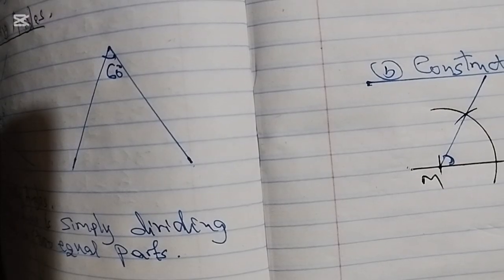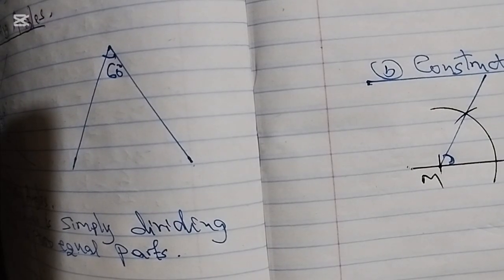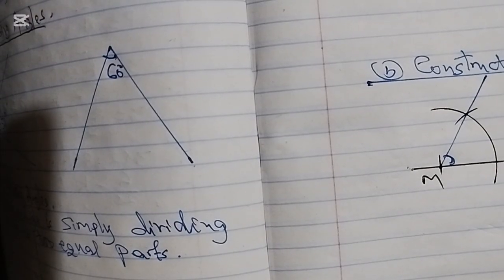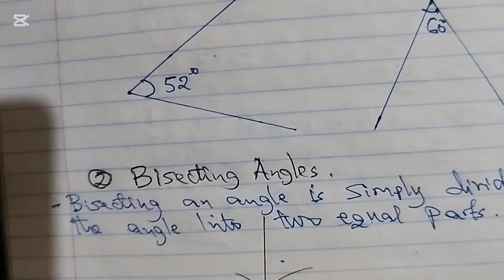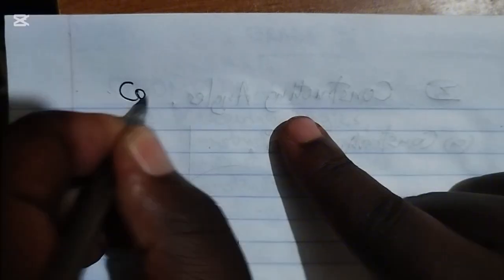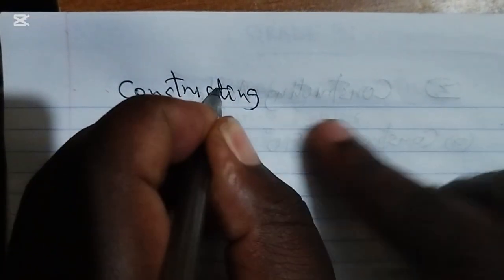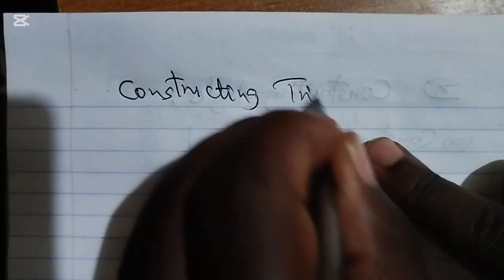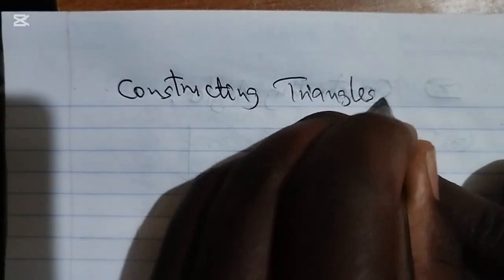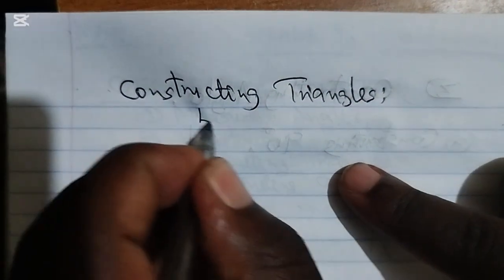I want to look at now what comes after constructing angles. Let's look at what is called constructing triangles. Here we are going to use examples.